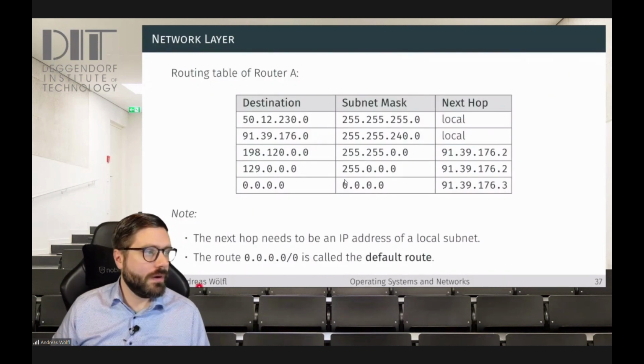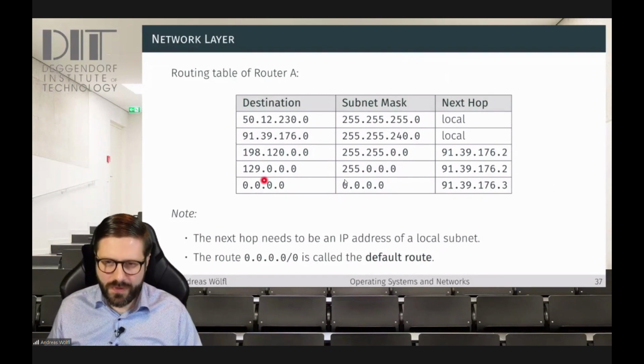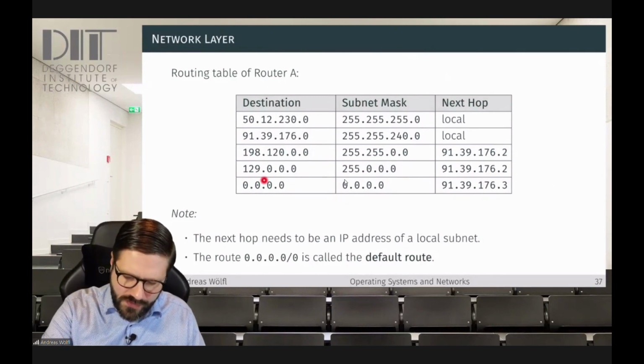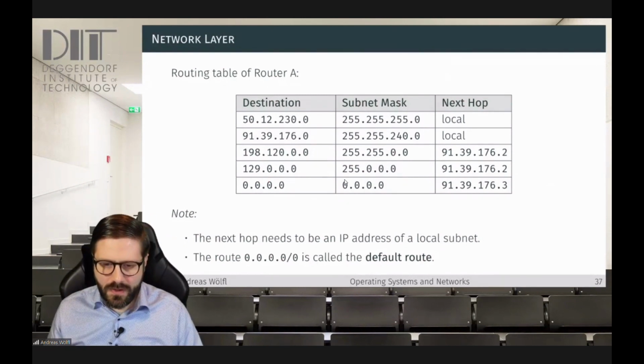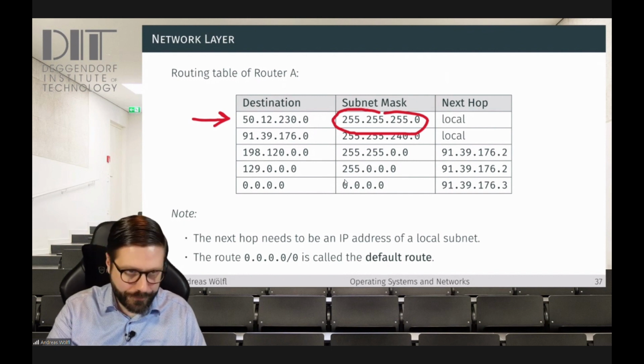And this is our routing table. So what we do first is we take the IP address and AND it together with the subnet mask of our first route that we find, and this is the first row.